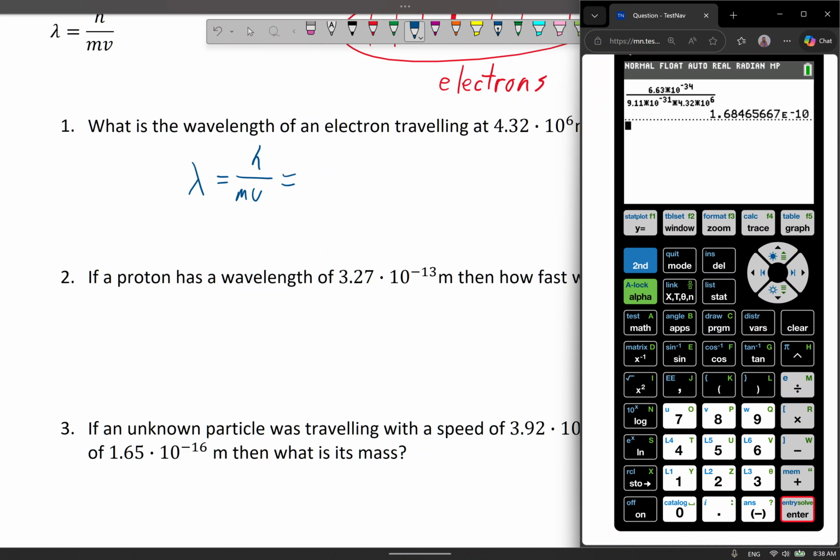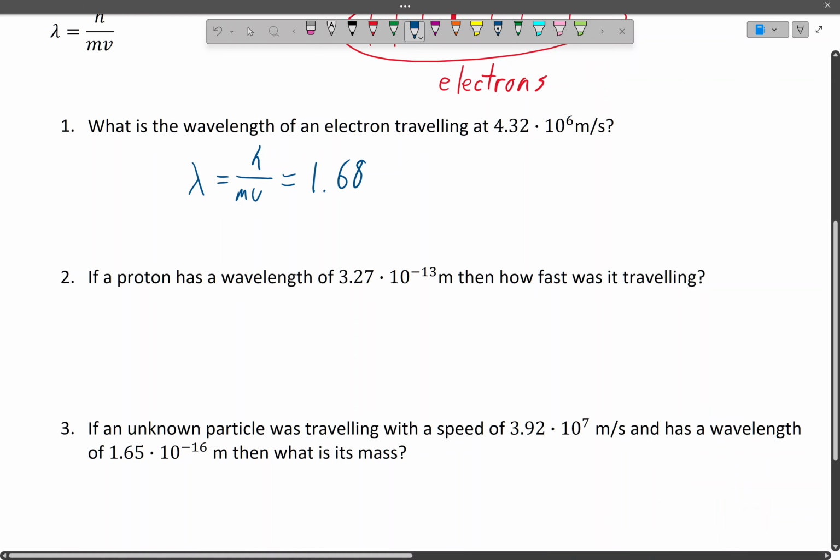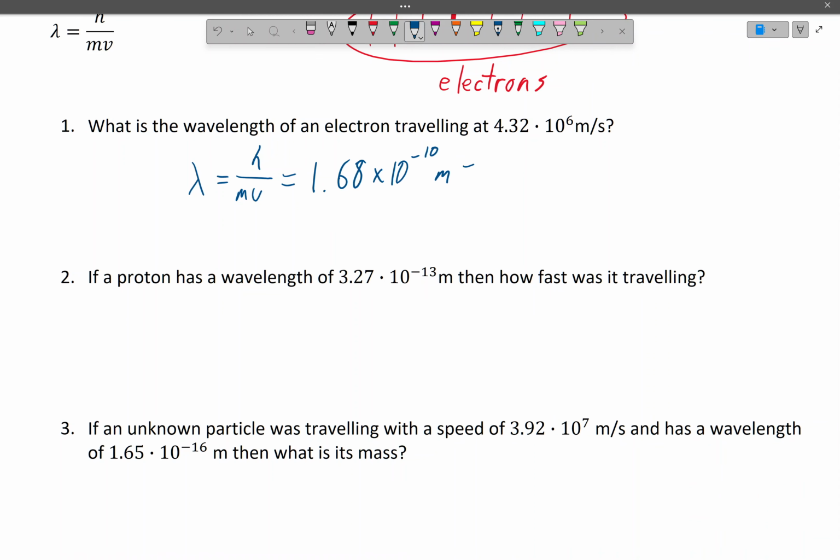So then we get this value: 1.68 times 10 to the negative 10 meters, which I believe is an angstrom. Or you could say 0.168 nanometers.